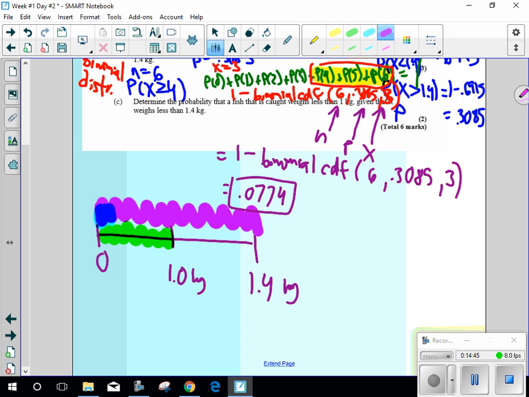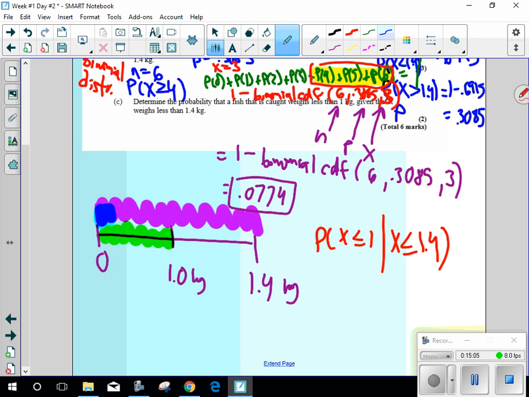So what we've got here is a conditional probability that we're looking for x less than or equal to 1, knowing x is less than or equal to what? 1.4. So this is going to be the probability that x is less than or equal to 1.